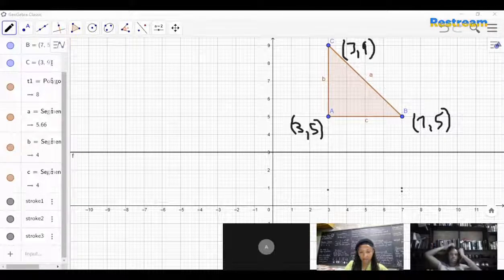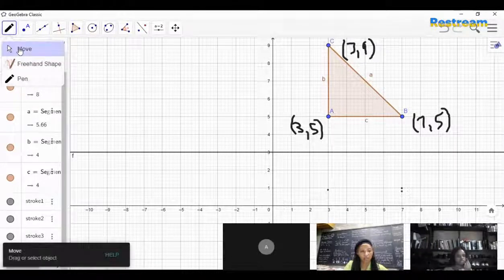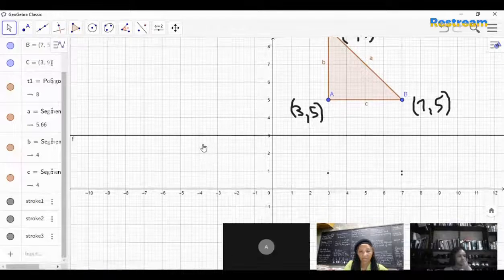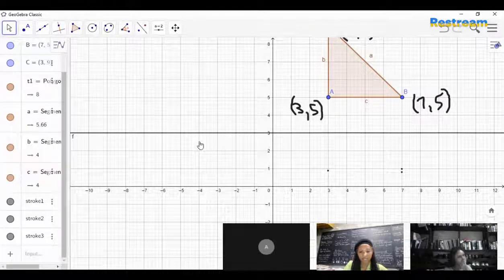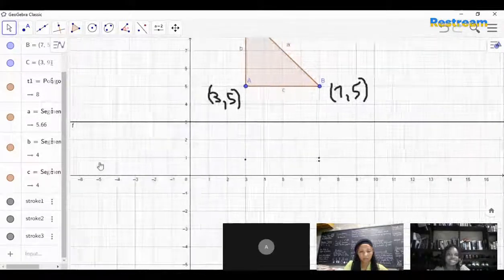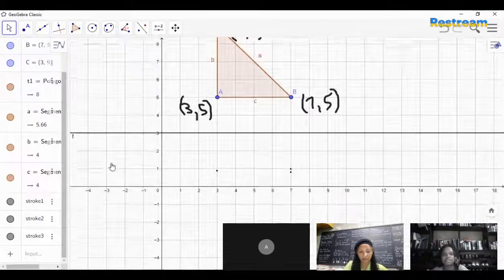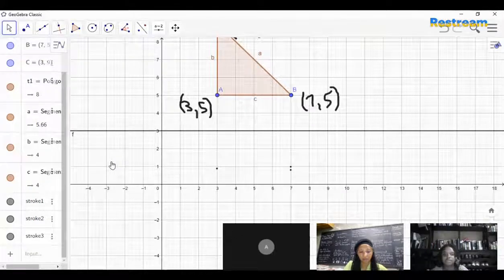Miss, could you bring down the screen a little bit, please? The graph itself, since we can't see the bottom. Oh, okay. So move it up like that. Miss, we can't see point C prime.